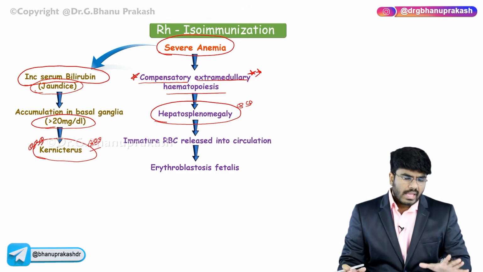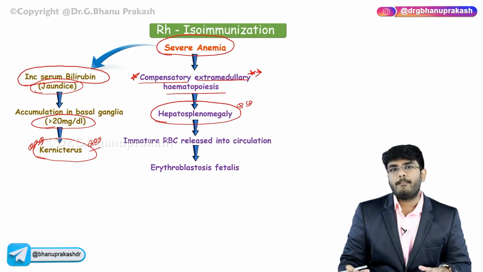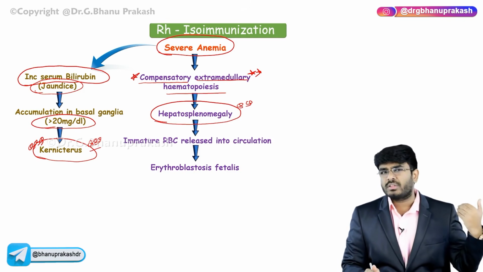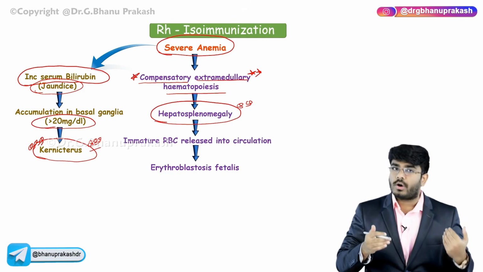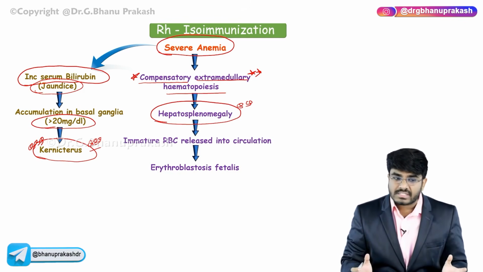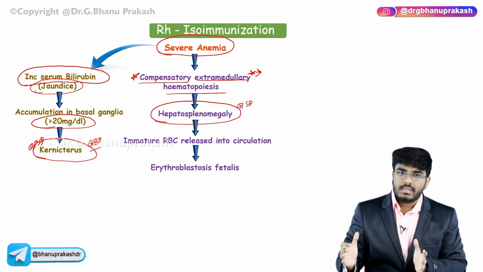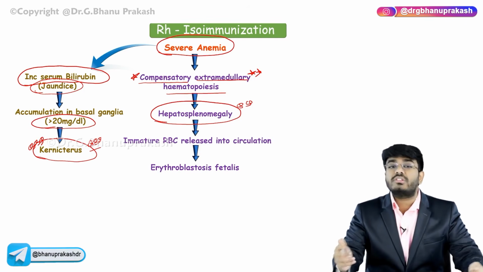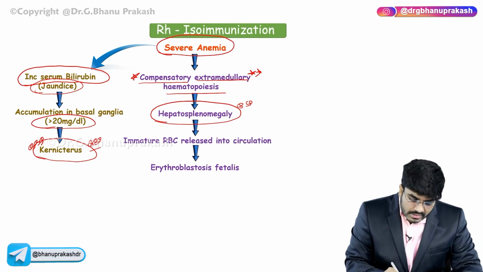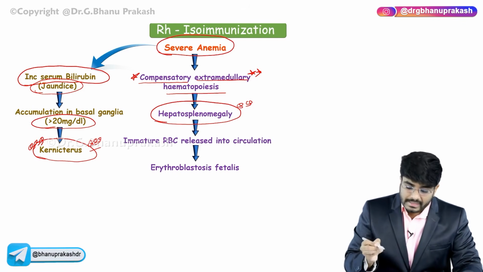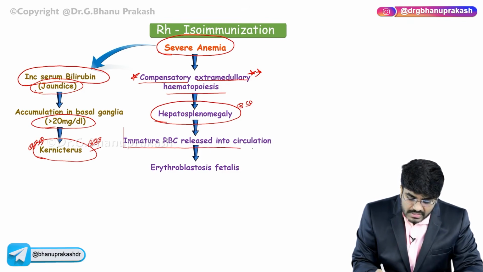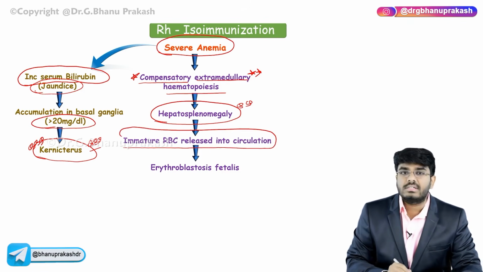We know erythrocytes are the mature RBCs. Erythroblasts, proerythroblasts, normoblasts are immature forms. So during this high demand state, in the process of rushing, immature RBCs are released into the circulation.